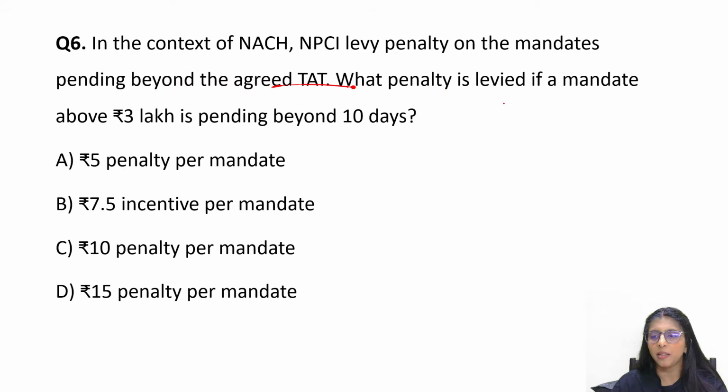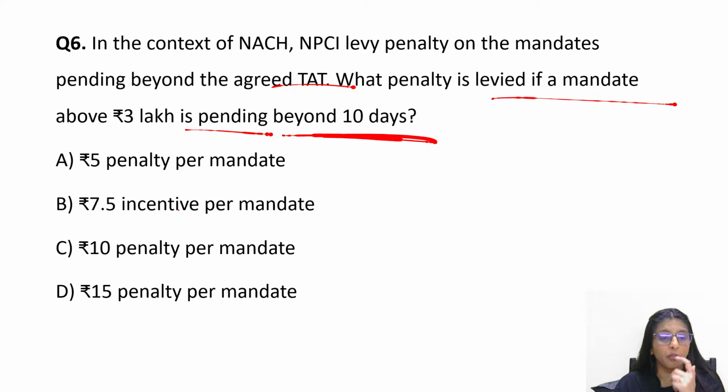What penalty is levied if a mandate above 3 lakh is pending beyond 10 days? Rupees 5 penalty per mandate, rupees 10, 7.5 incentive per mandate, rupees 10 penalty per mandate, rupees 15 penalty per mandate. It is rupees 10 penalty per mandate.